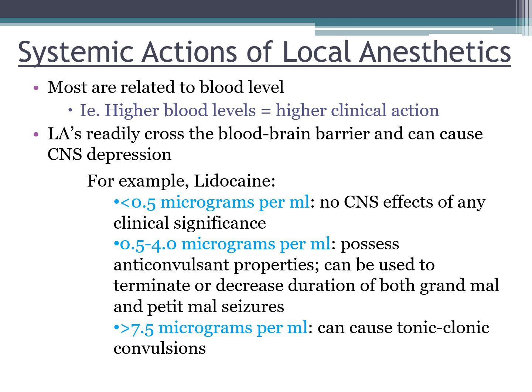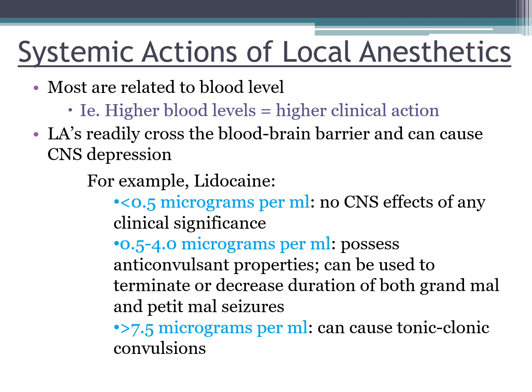There are systemic actions of local anesthetics, and most are related to blood levels. So, for example, if you have higher blood levels, you're going to have a higher clinical action. Local anesthetics, as we said before, readily cross the blood-brain barrier and can cause central nervous system depression.